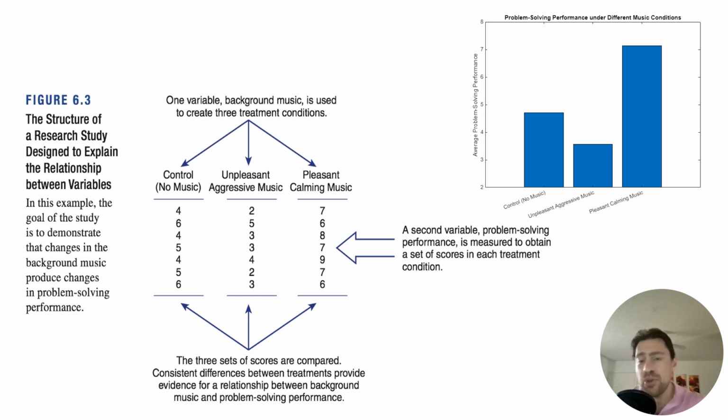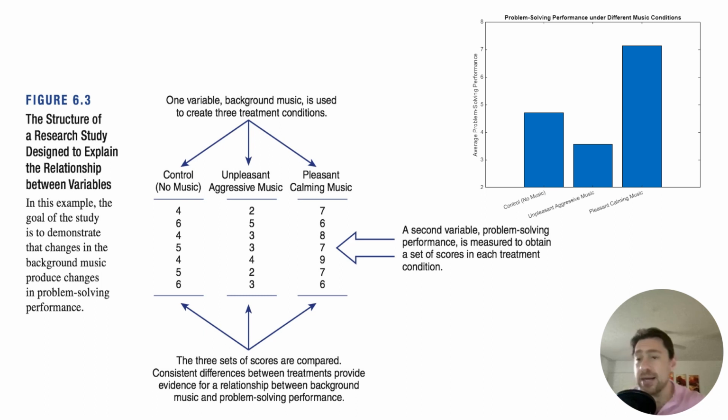And maybe the room with the aggressive music was much colder than the other two rooms, or the walls were some ugly color, or there was a bad odor, some musky odor in that room. Well, that could be a serious confound, because that can offer an alternative explanation as to why people did worse in the aggressive music condition. Maybe it has nothing to do with the music, maybe it's something about the room that hindered their performance.